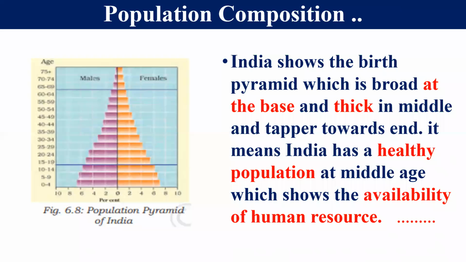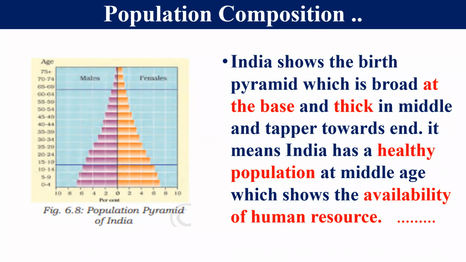If we think about the middle area, it means it has a healthy population at the middle age. That's why we have availability of huge human resource. It means we have a huge economically active, working population. And at the top, it is very low.